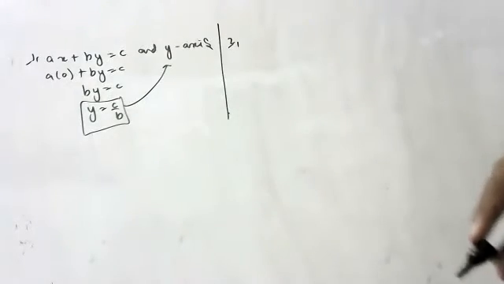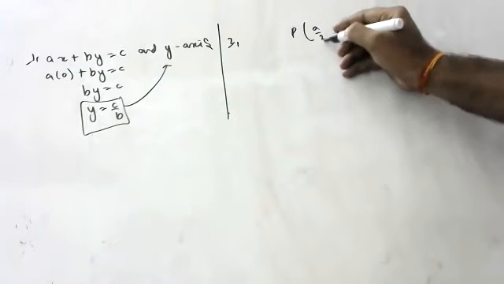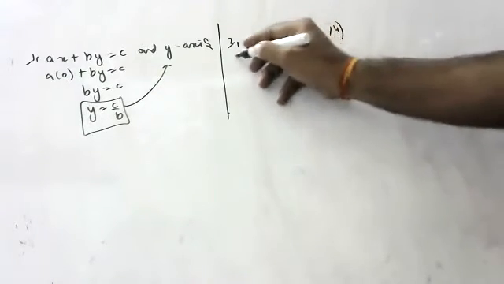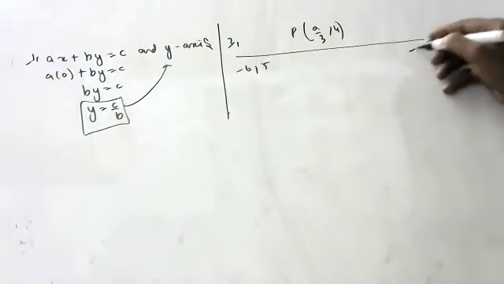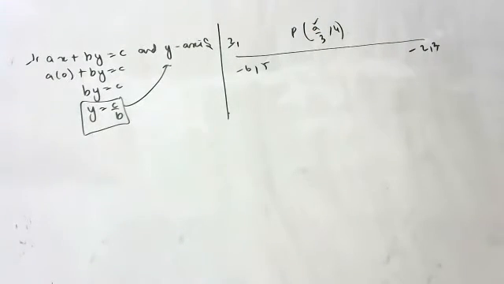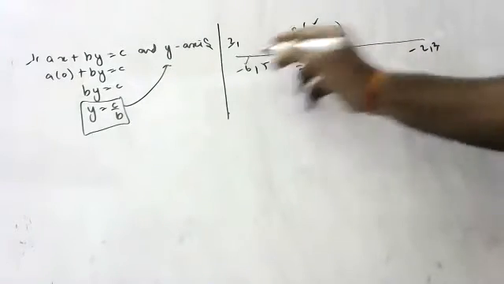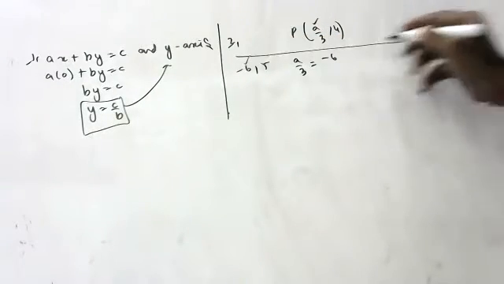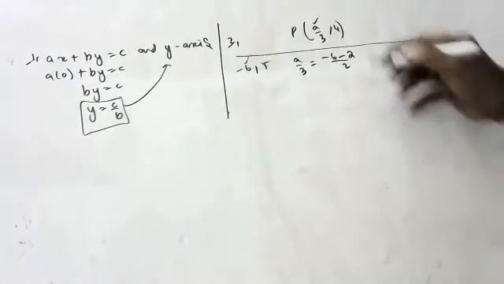Okay, so the second question. Children, they are saying P is (a by 3, 4). It is the midpoint of the line joining (minus 6, 5) and (minus 2, 3). What is the value of a? We use the midpoint formula, children. A by 3 is equal to (x1 plus x2) by 2, that is minus 6 plus minus 2 by 2.